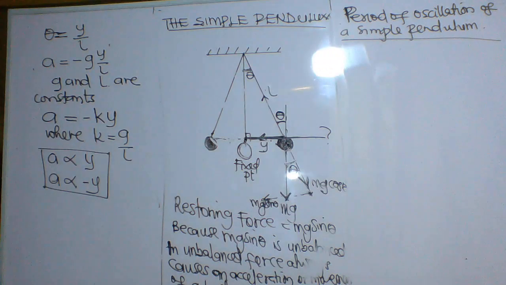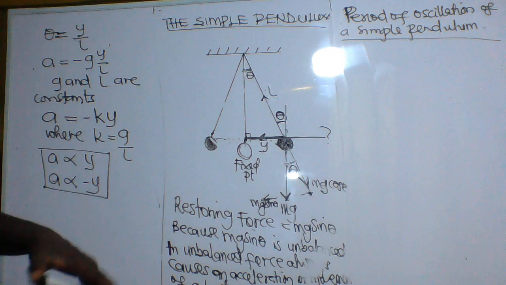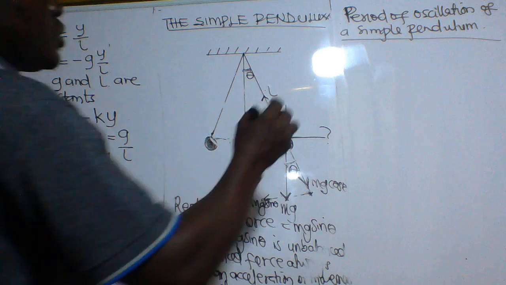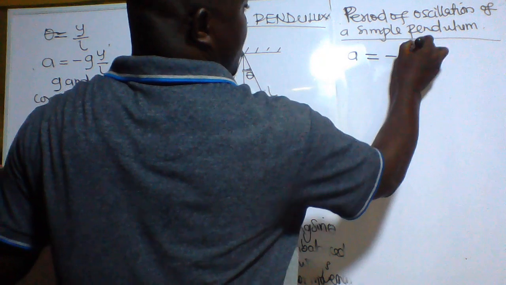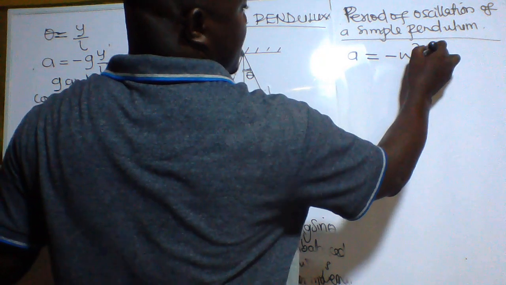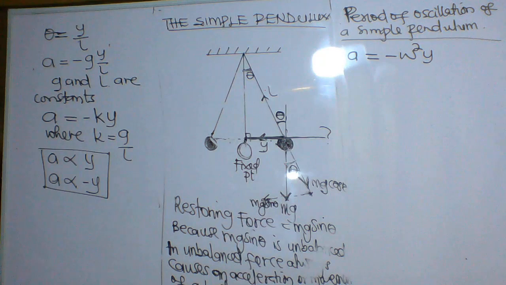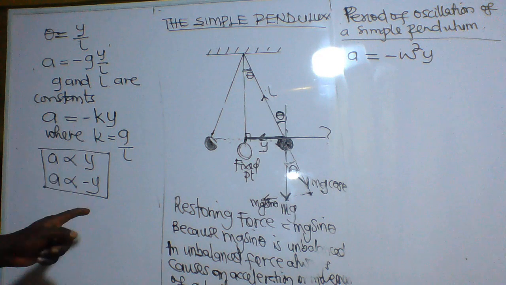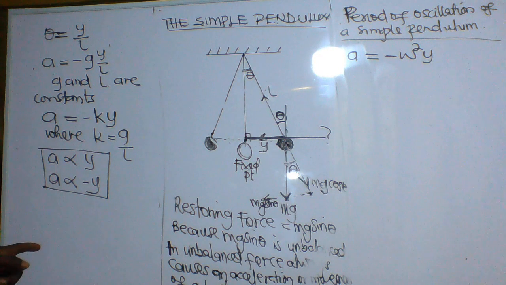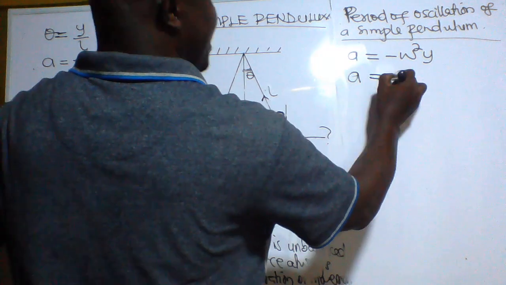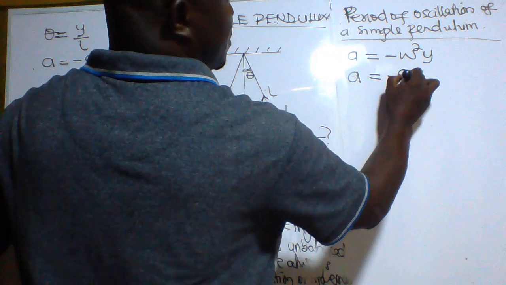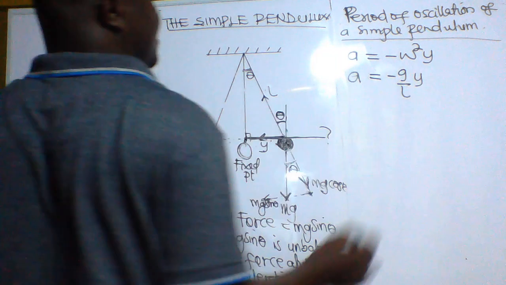Now when we look at features of the simple pendulum earlier on when we started the whole topic, we saw that the acceleration of a simple pendulum is given by minus the square of the angular velocity times y, if you recall. Now here, what expression did we get for the acceleration? The acceleration a is equal to minus g on L times y.